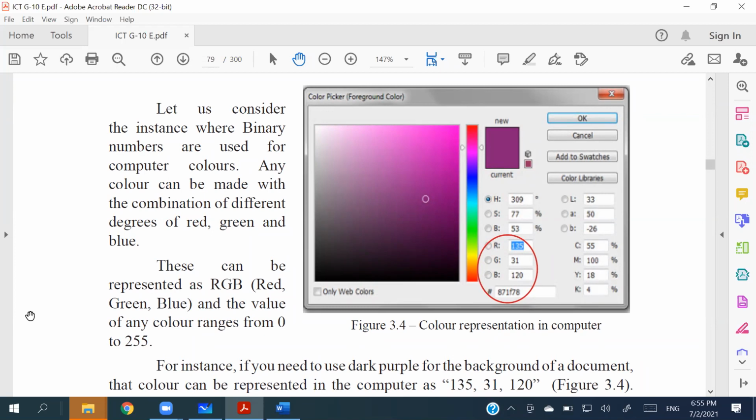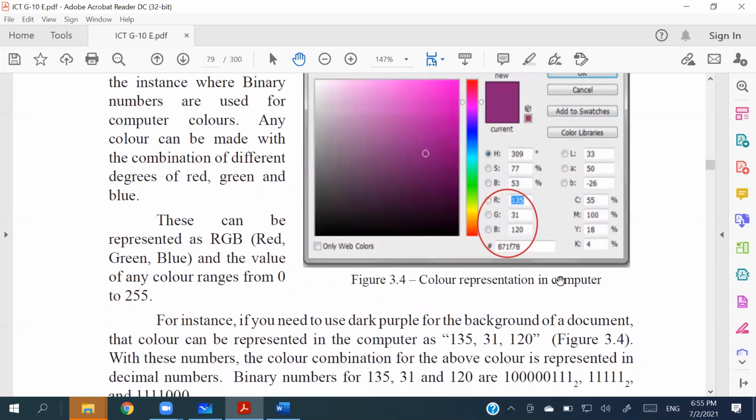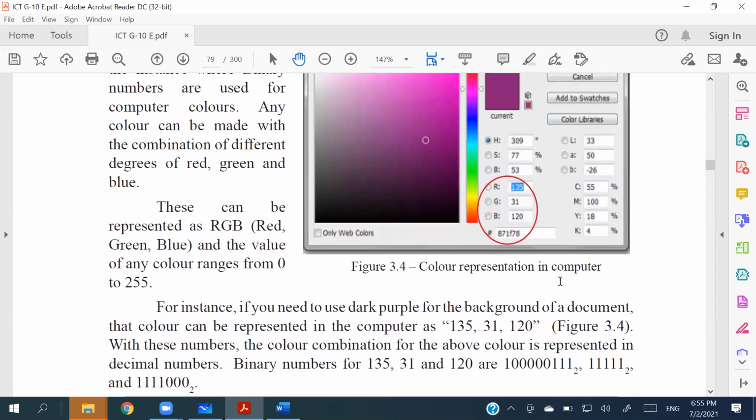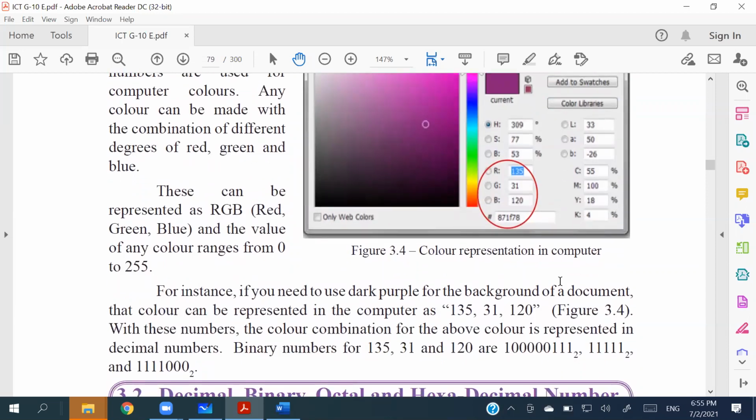Now, if you concentrate on these RGB values inside this red circle, the first three values say 135, 31, and 120. Now, it is a decimal number, but the decimal representation is done due to a binary value. We are going to discuss how a binary value is represented in decimal.